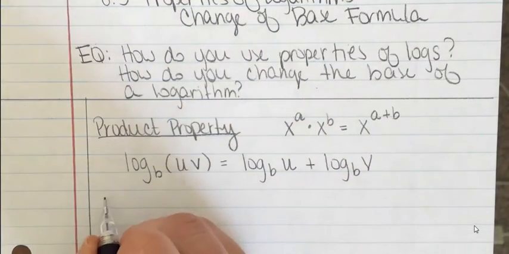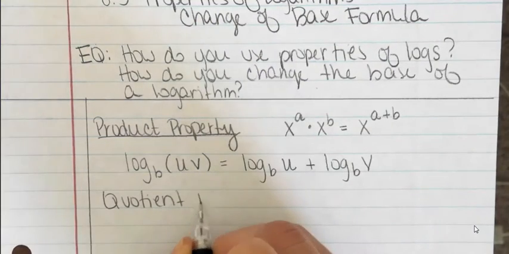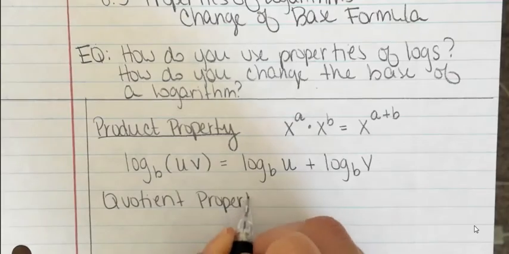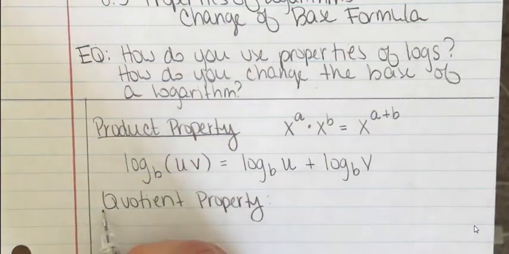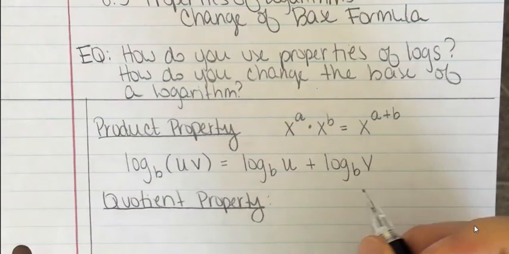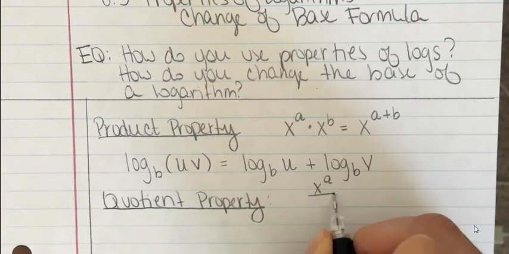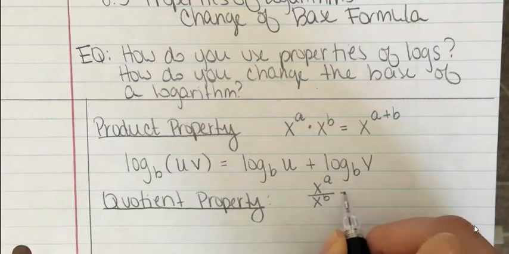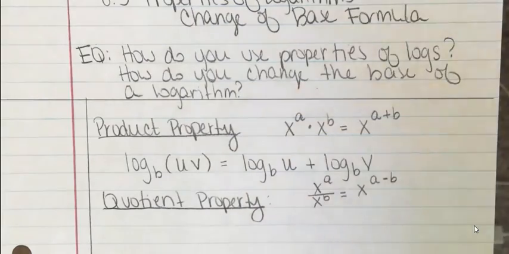All right, so the next one we'll do is the quotient property. And just as a reminder, when we dealt with quotients with exponents, for example, if I gave you x to the a divided by x to the b power, that was really the same as x to the a minus b.